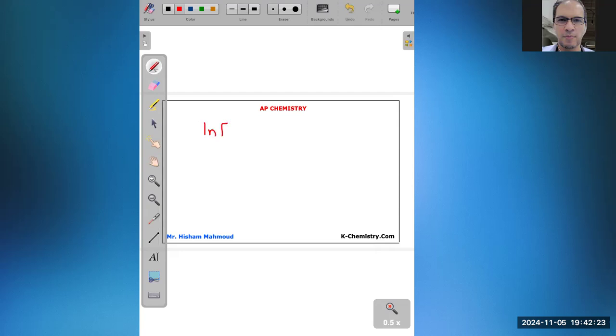Ln, the concentration of the reactant that you are speaking about at a certain time, is equal to negative the constant of proportionality multiplied by the time plus ln the concentration of A at time equal to 0. So this means that the concentration will depend on the time. So the concentration will depend on which time you are talking about.